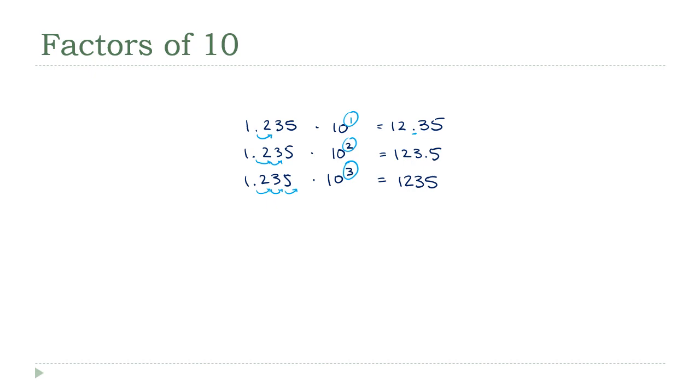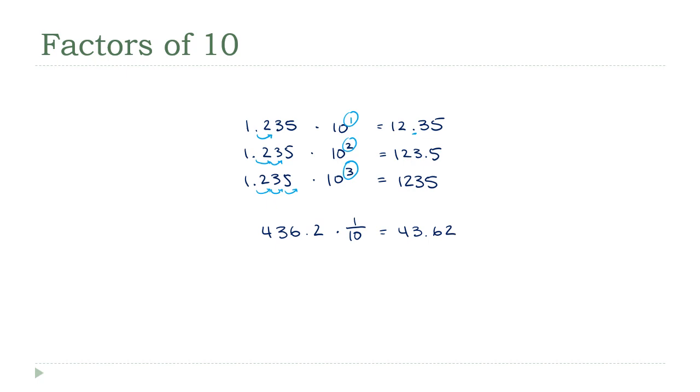Now let's take a look at another situation here. Let's say, and I'm going to start with a bigger number, 436.2. Let's say I multiply this by 1/10. In other words, I divide by 10. Well, this is going to be 43.62.